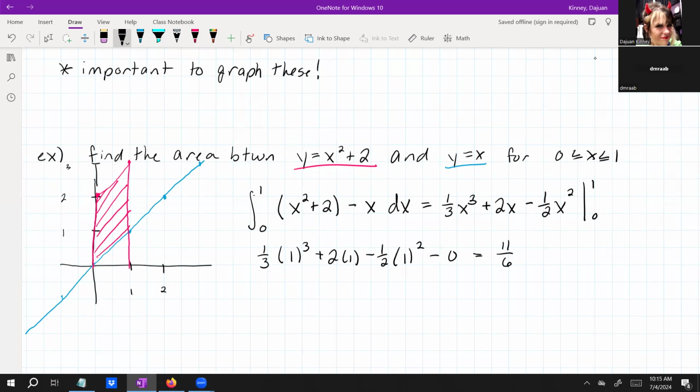You're at the wrong one. But if you think about it in regular life, area is always positive. So the area between your curves should always be positive. Last section, we could get negative areas because of how we were looking at things, but here we should not. So if you do, that is a good indication that something went wrong. Look at your graph again and see what it could have been.